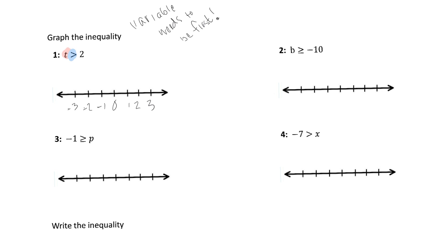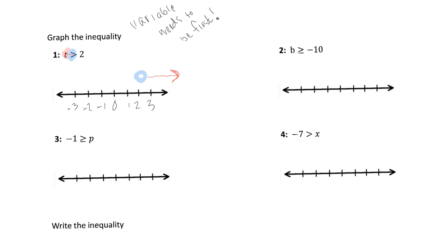I know it's an open circle. So I'm going to put an open circle over the number 2, since t is greater than 2. Now, what way does my arrow go? If you don't remember, you can always just draw a line here. That tells me my arrow is a right-facing arrow. And that's all you need to do to graph the inequality.